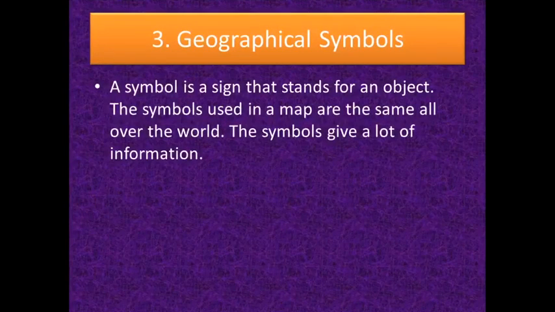Let us go to the geographical symbols. A symbol is a sign that stands for an object. The symbols used in a map are the same all over the world. The symbols give a lot of information.